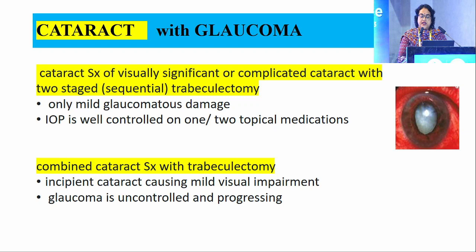Now combined cataract surgery and trabeculectomy in the same sitting can be done even if there is incipient cataract with mild visual impairment and the glaucoma is uncontrolled and progressing, because after glaucoma surgery the cataract worsens. So it is advisable to remove the cataract even if it is not significant.